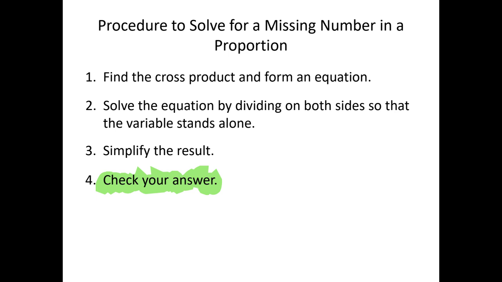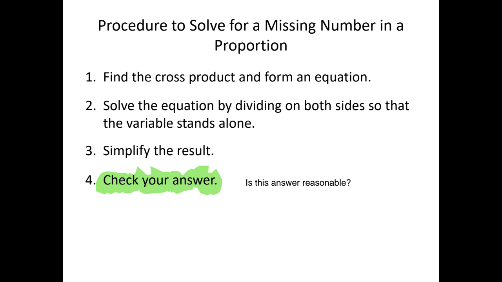Okay, that's another way of checking your answer. Are you going to pay $40 for 1 cup of coffee? Well, some people might if it's real expensive coffee, but is it reasonable? No.